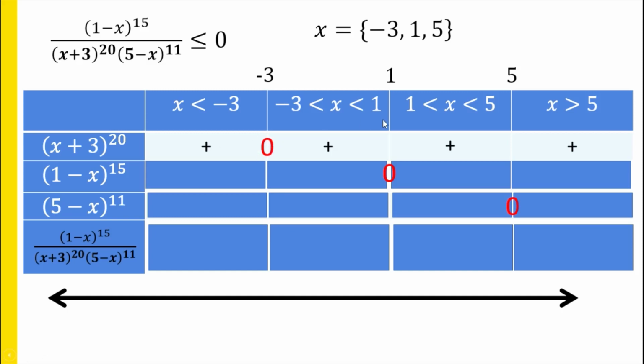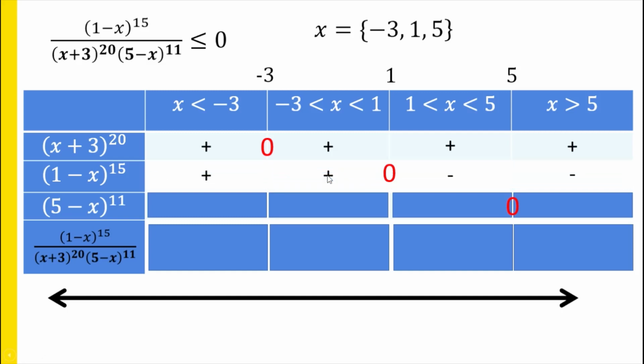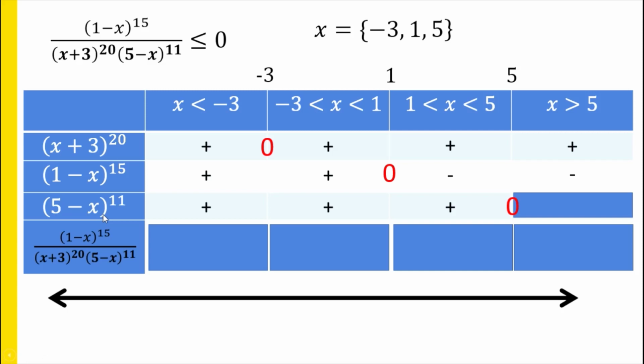Well here, we will use our strategy earlier. So in this case, the sign of x here is negative. So on the left of 0, that's positive, and right, that's negative. And same with 5 minus x, positive, positive, positive, and then negative.